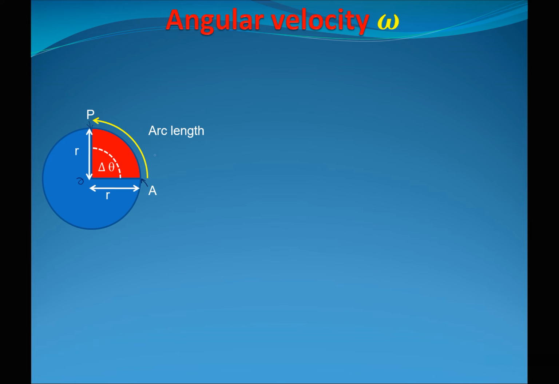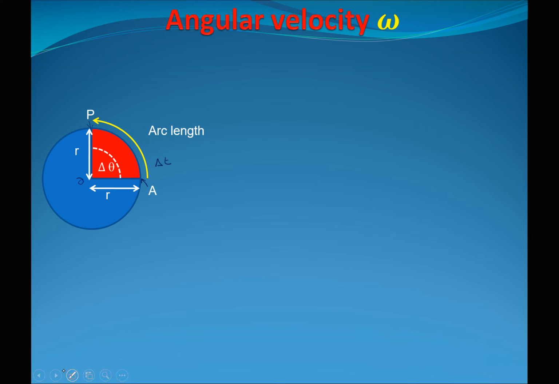Let the time it takes be delta t. Of course, it is moving through a curvilinear distance, which we call S, the circumference, but it is going to take a time delta t, and we said earlier on that the curvilinear speed was actual distance over time. But since it is sweeping through an angle delta theta, then we have to redefine the speed, and we ignore the curvilinear speed in this case and instead define what we are going to call the angular velocity omega.